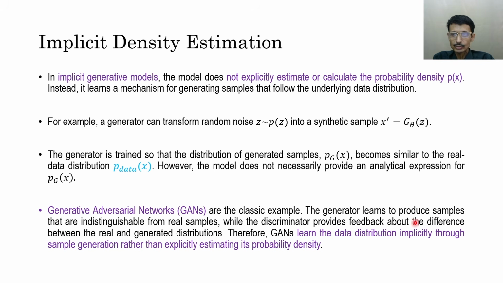So the generator learns to produce samples indistinguishable from real samples, while the discriminator provides feedback on the difference between real and generated. Therefore, GANs learn the data distribution implicitly through sample generation rather than explicitly estimating the probability. And that's why it's an implicit distribution approach.